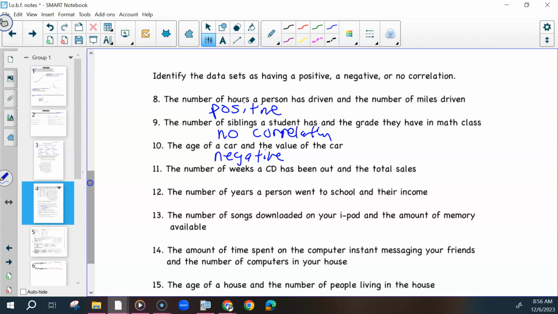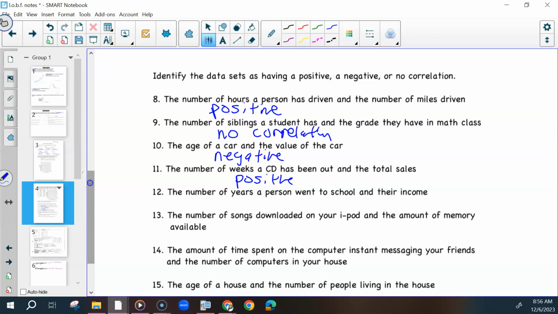Okay. The number of weeks a CD has been out and the total sales. I would say positive if it's like a hot album, hot CD, because the longer it's out, usually the more sales it has.